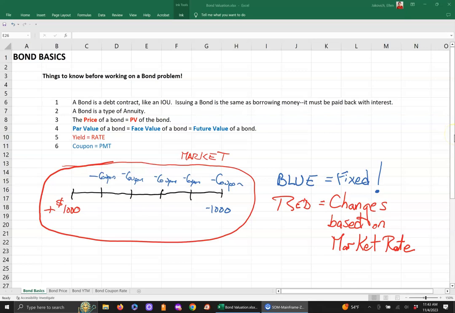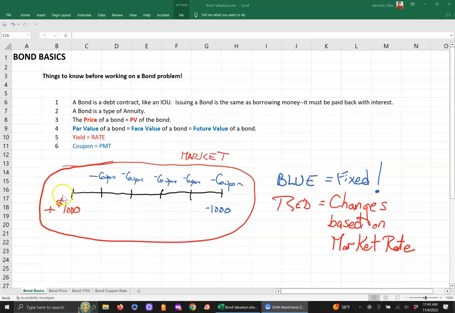Let's say the market rate, which changes all the time, now they want 8%. I demand 8%. If you want my $1,000, give me 8%. Your fixed rate coupons are 6%. They're going to look at your piddly little bond and say, that looks kind of shabby to me, I'm not interested, and the price will drop.